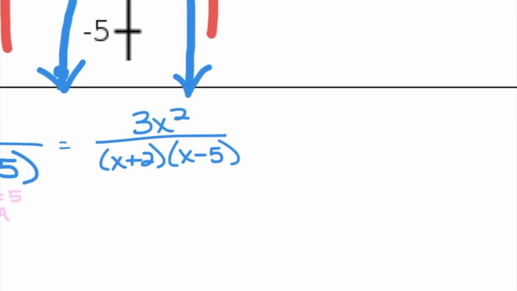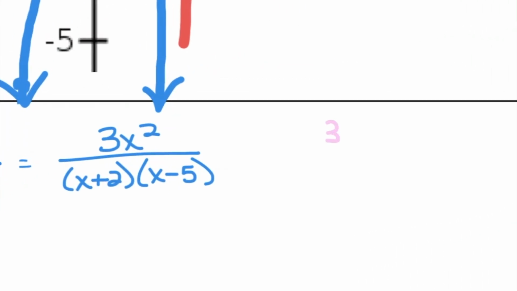And so I'm going to come back over here, and if I take the simplified version of the equation, substitute in zeros for the x's, it doesn't matter what the denominator is, because the denominator is not 0. We already got rid of that number that canceled, and that would have made the denominator 0.